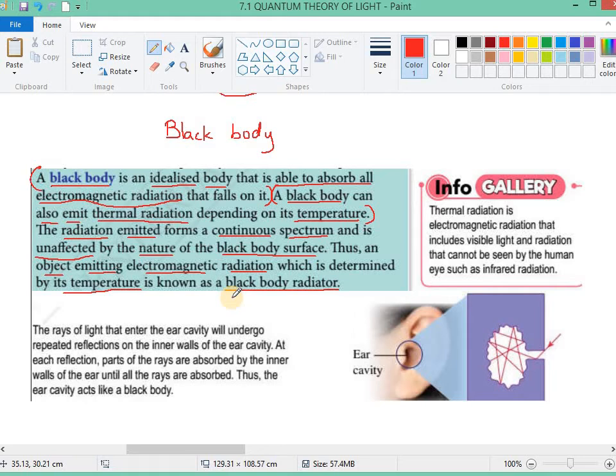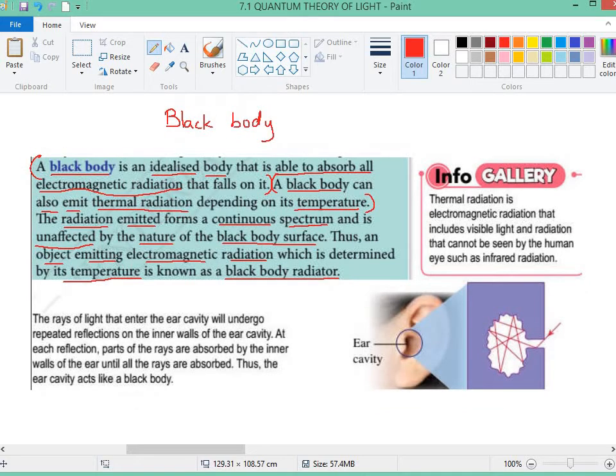Alright. So one thing that I want to point out is there is no such thing as a black body. This black body is an idealized body.